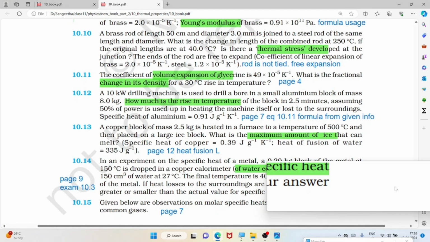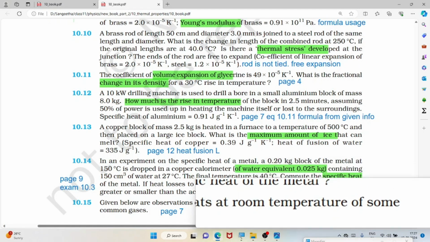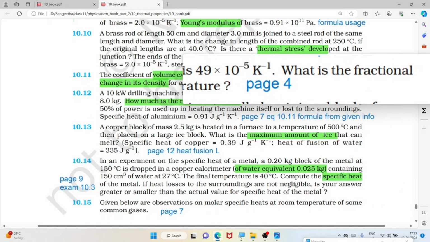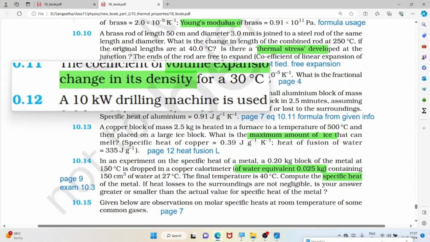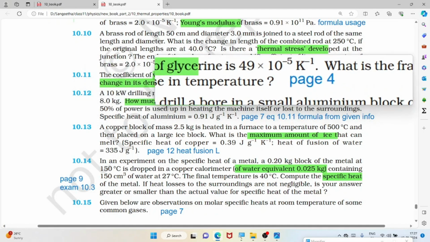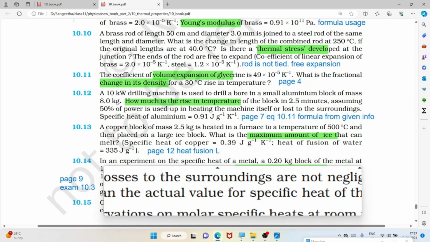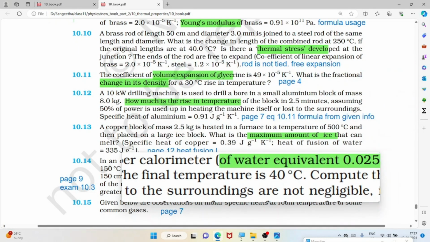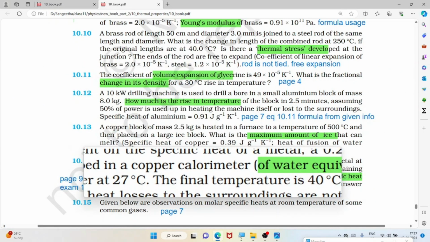Question 11. The coefficient of volume expansion of glycerin is given. What is the fractional change in the density for a 30 degree rise in temperature? Delta T is given, the rise in temperature. Here again, page 4, you can go through that formula.